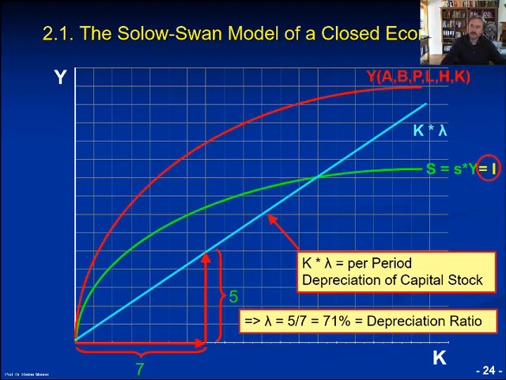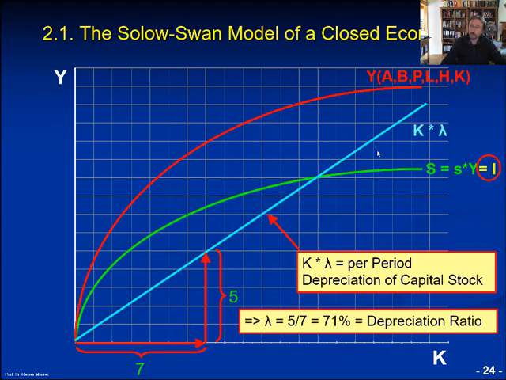In Germany we have an empirical depreciation ratio for the total capital stock of the economy of around 3%. We use this very high depreciation ratio here only because it makes the graphical exposition of the Solow-Swan model simpler.